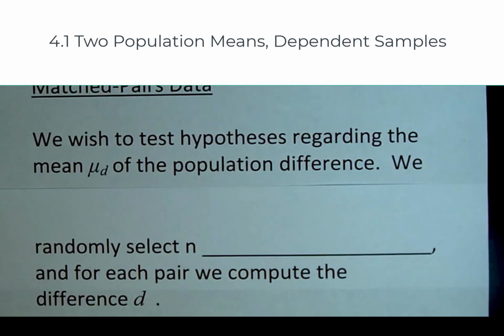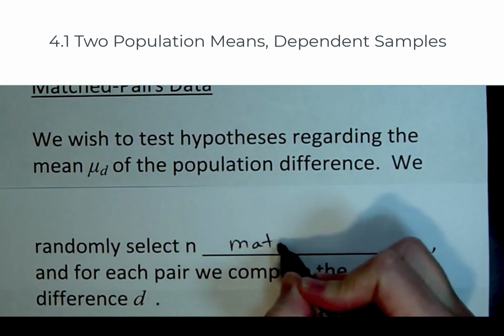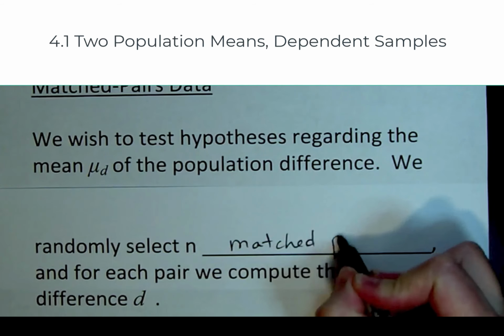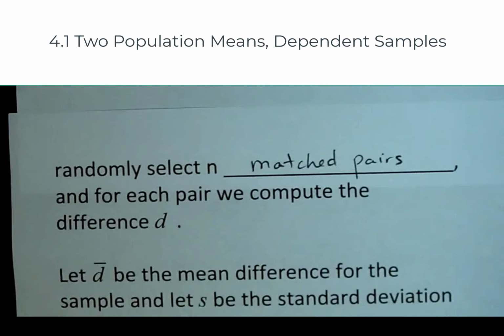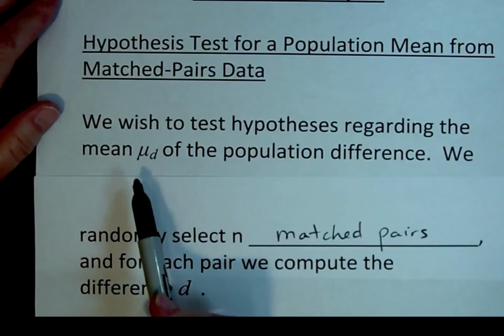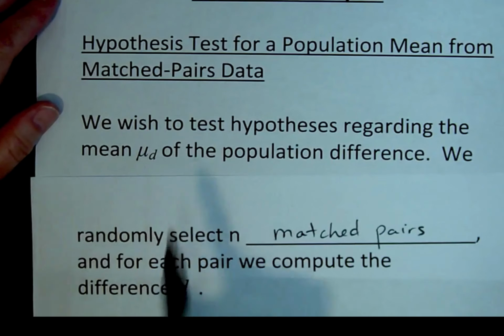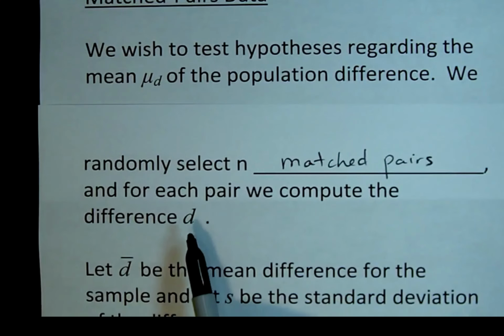And what we're going to do is we'll randomly select n matched pairs. And for each pair, we compute the difference that we'll call d. So we're going to call the difference of the population means mu sub d. For each pair, we're going to compute the difference, and we're going to work directly with the difference d. So there will be a difference for each pair.